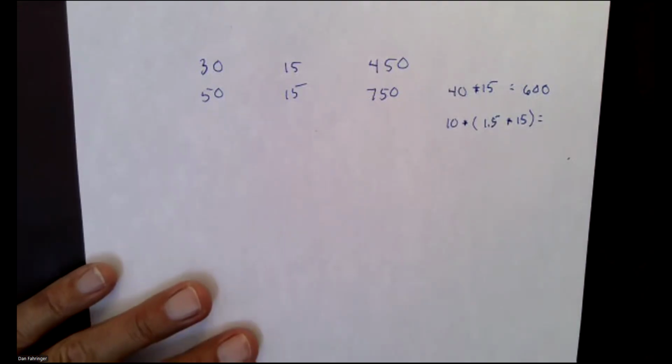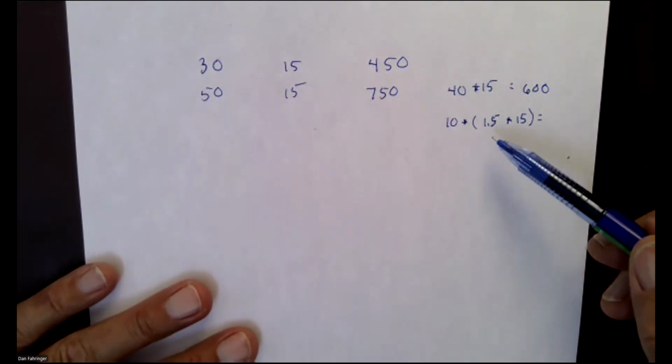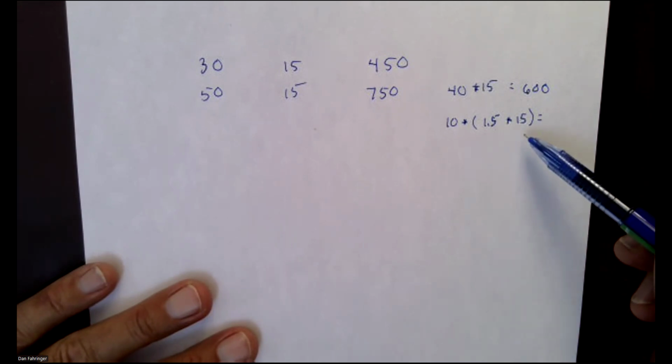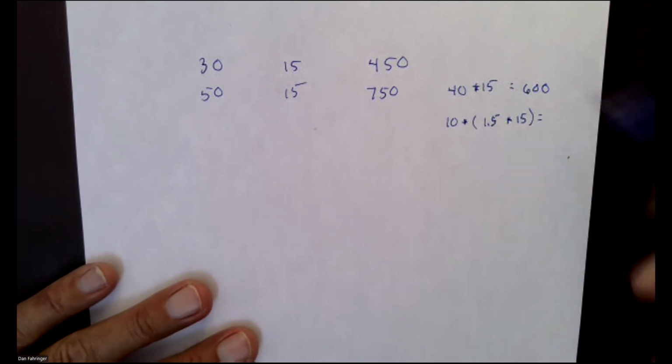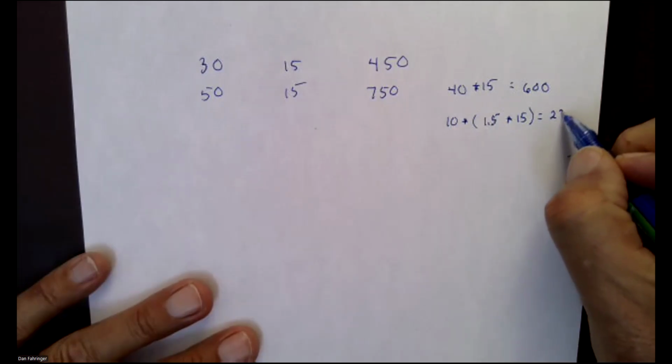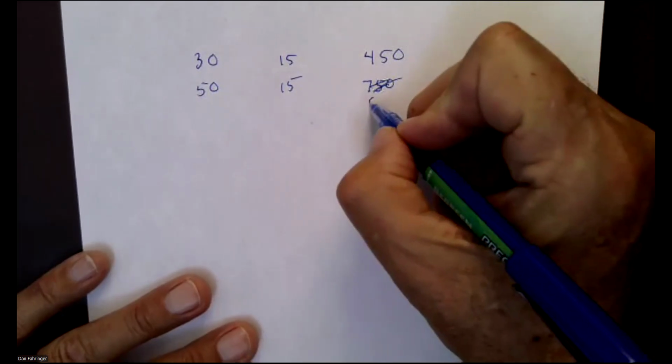What does that equal? 10 hours at time and a half is this. 10 times 1.5 is 15. 15 times 15 is 225. I think I got 825.